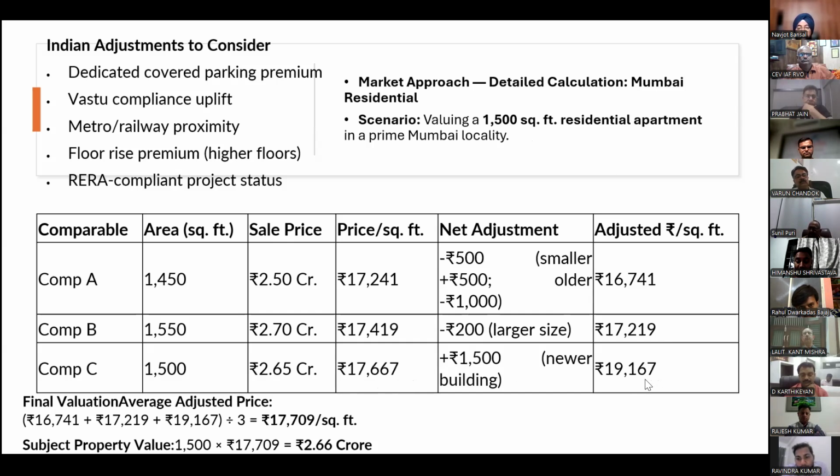The value is 19,167. You take the average of these three, so the value is 17,709 per square feet. So the subject property value, 1,500 square feet residential apartment multiplied by the per square feet rate, comes out to be 2.66 crore.